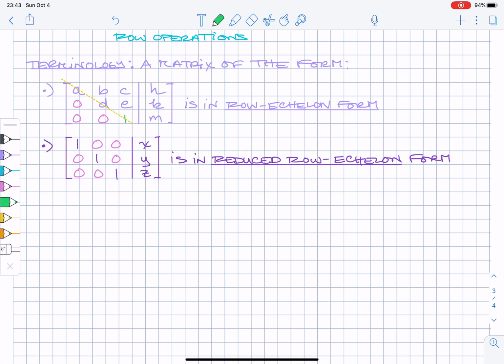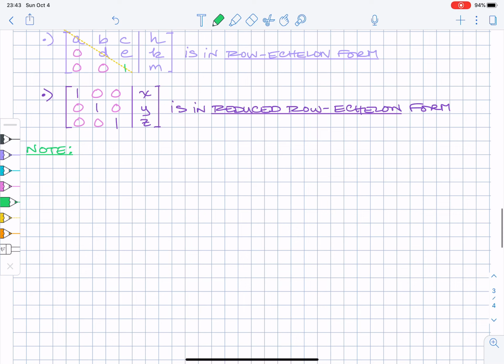So note, reduced row echelon form solves the system.